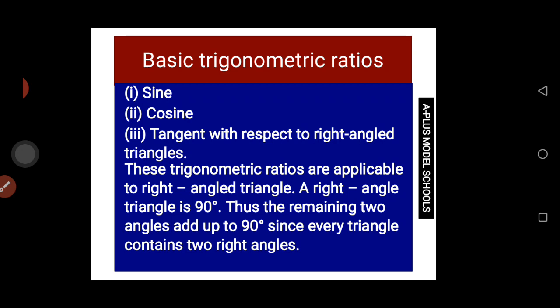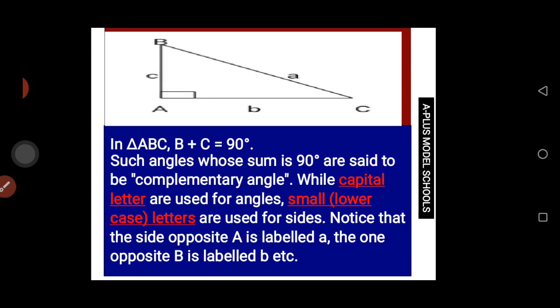So if one of the angles is already 90, then the other two angles, when you add their sum together, will also give you a sum of 90 degrees. For example, if you have 40 and 50 degrees, and the third angle is 90, then that is a right-angled triangle.